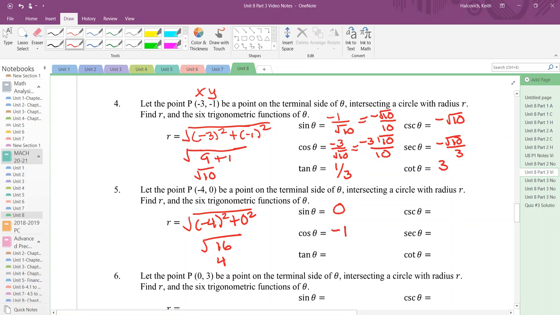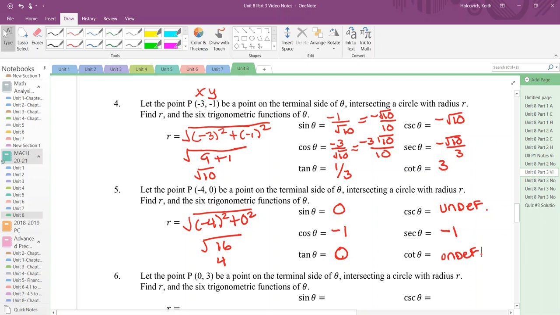Negative 4 over 4, which is negative 1. And 0 over negative 4, which is 0. As far as the cosecant goes, the reciprocal of 0 is undefined because 0 on the denominator. The reciprocal of negative 1 is negative 1, and the reciprocal of 0 is undefined.